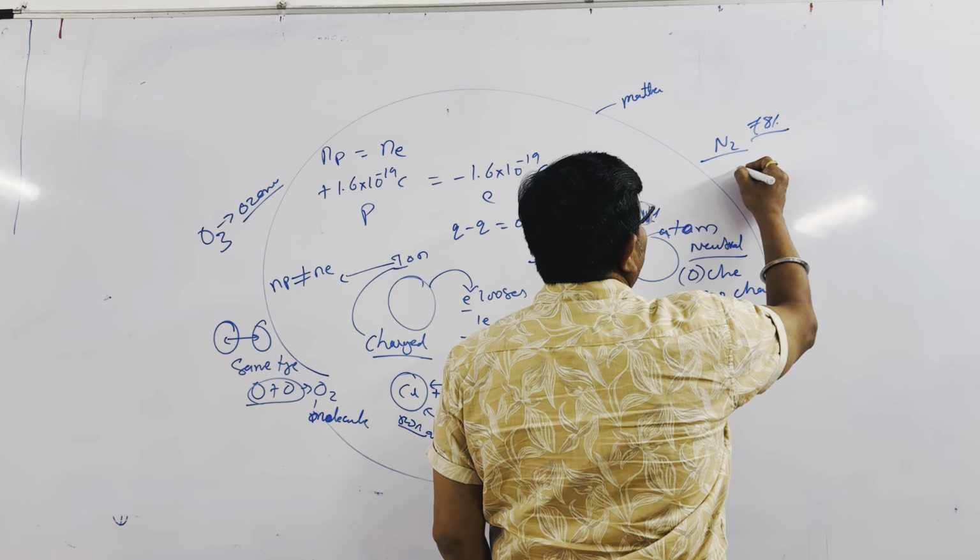In this way, when you divide by 10 raised to power 10, you will get 1 angstrom. And 10 raised to power minus 15 meter, that is the size of the nucleus, is called 1 Fermi.